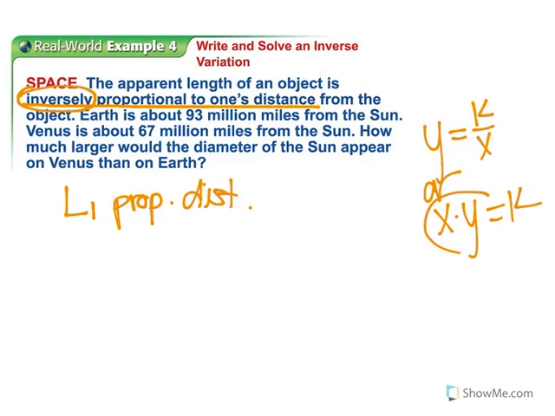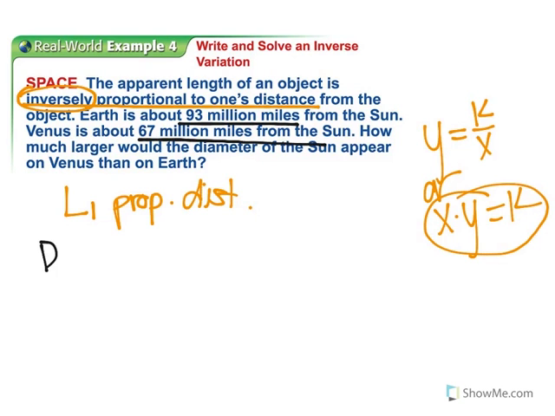So what we're going to do is we're actually going to use this x times y equals k. All right. So we have, let's see, the Earth is about 93 million miles from the sun, so that's going to be our distance. And it says Venus is about 67 million miles from the sun.